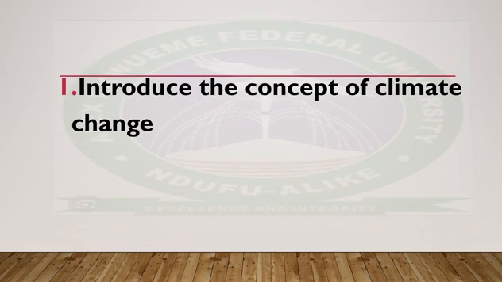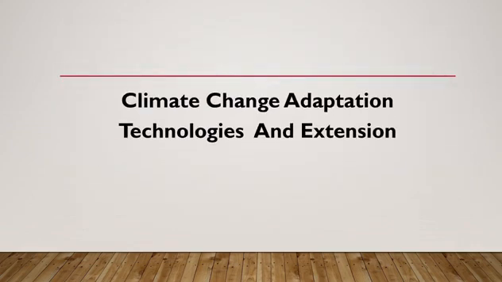What is extension doing? So let's look at climate change adaptation technologies and extension. Just as we've said earlier, it is expected that extension personnel should transfer climate change adaptation technologies to farmers.